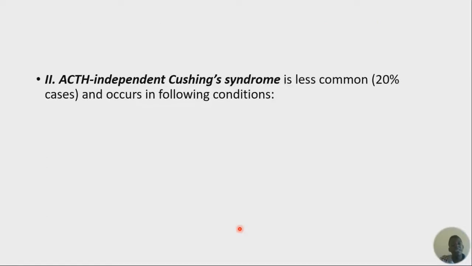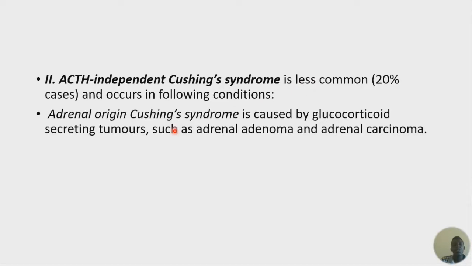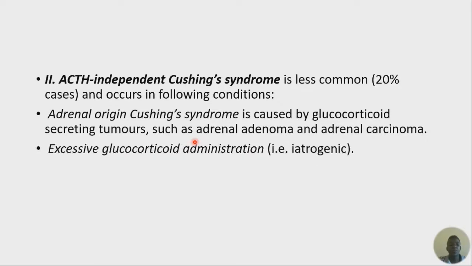It can be ACTH independent Cushing, which is less common, like 20% of the cases. What is the cause? Adrenal origin Cushing syndrome is caused by glucocorticoid secretory tumors such as adenoma or carcinoma. So if you have hyperplasia of the adrenal cortex, which is not ACTH dependent, you'll end up having a hypercortisol state.